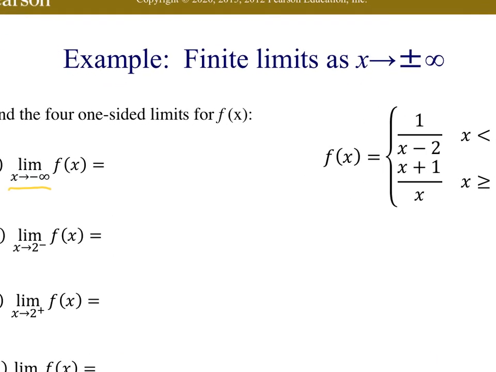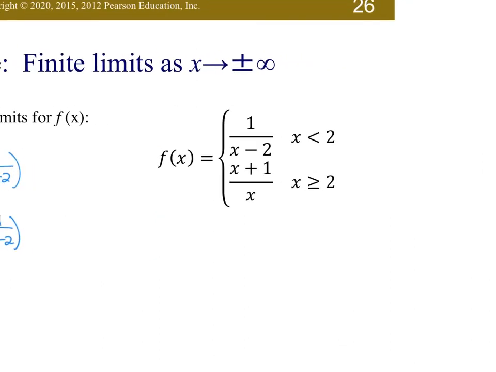When I'm using x approaching negative infinity, and when I am using 2 left, in both of these, I want this. When I'm using negative infinity and when I'm doing 2 left, they both are using the equation 1 over x minus 2, because both of those are in this category where the domain is less than 2.